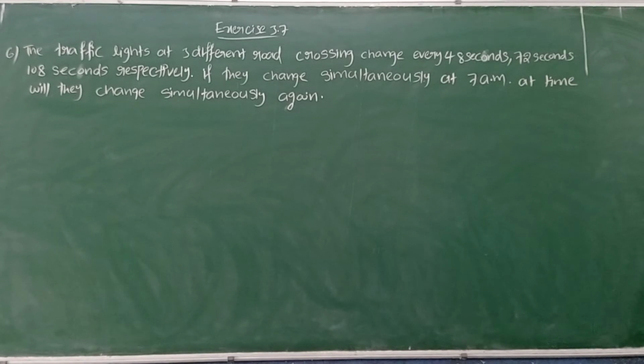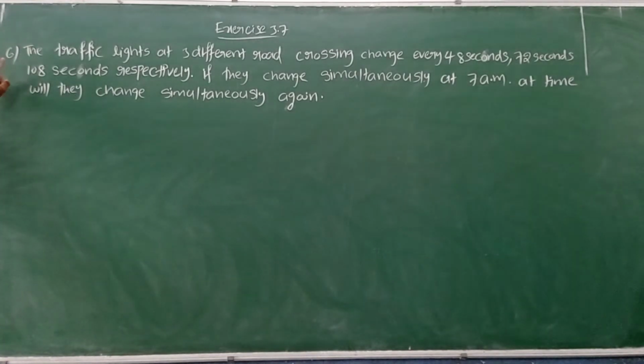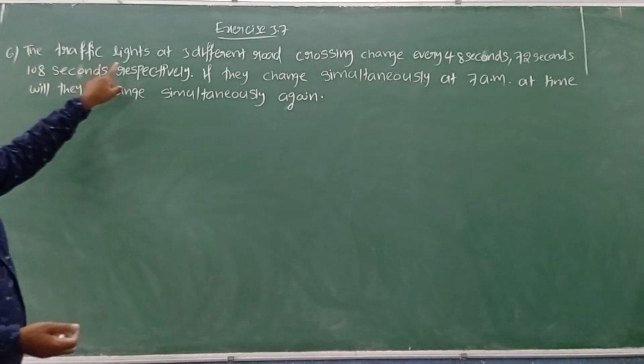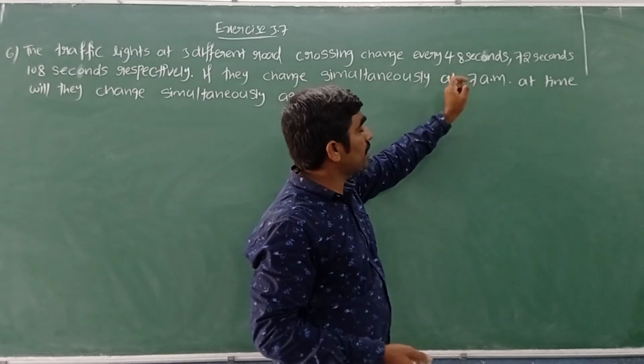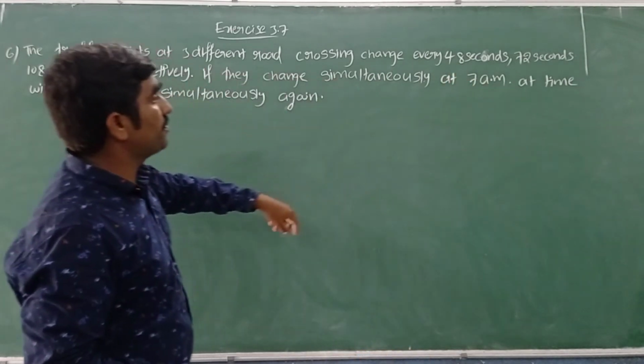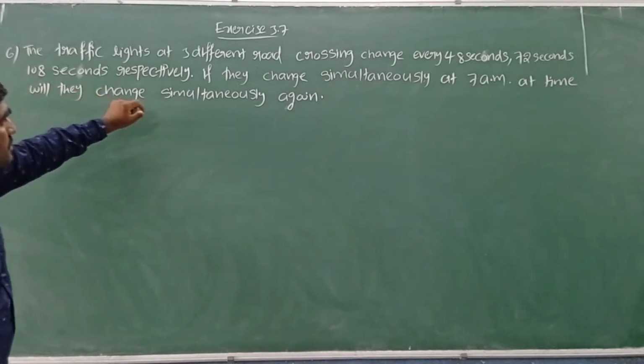Okay children, now let's see one more application based on that LCM and HCF concept. Here the sixth one I am going to explain. The traffic lights at three different road crossings change every 48 seconds, 72 seconds, and 108 seconds respectively.